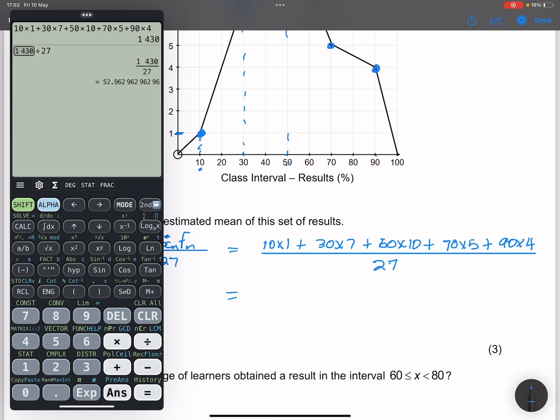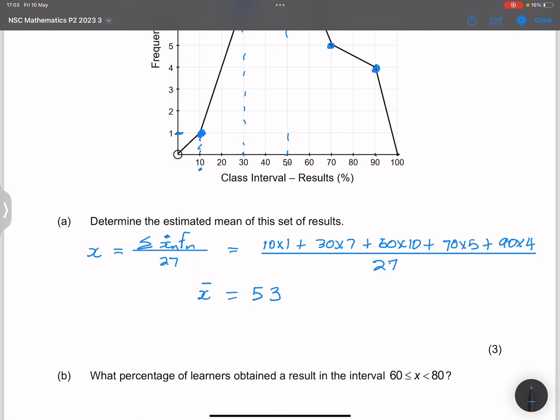My mean is sitting at 52.96. Let's say 53, which means that my estimated mean would be 53.